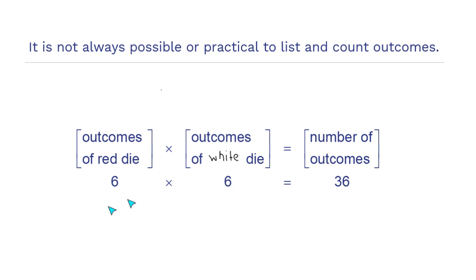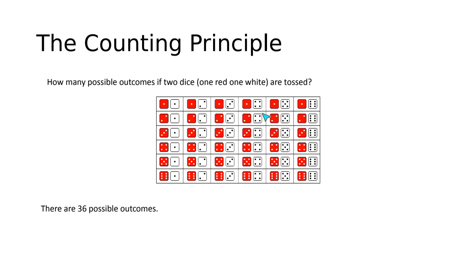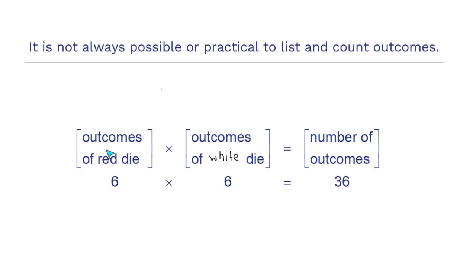So the white one has 6. If we multiply these outcomes, 6 times 6 would give us that 36. Okay, so one way is to list them, like I did here. The second way is to take the number of outcomes of the first die times the number of outcomes of the second die, and we still end up with the same number of outcomes.